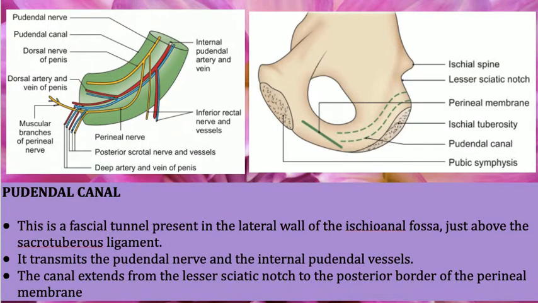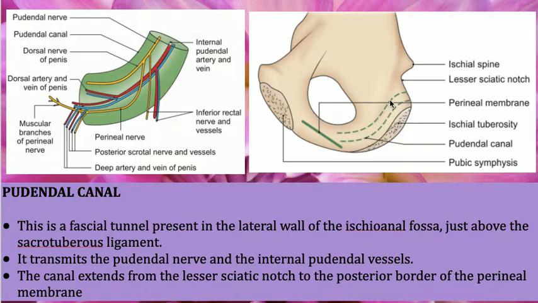Okay, so come to the pudendal canal, a very important topic. So what is it basically? It is a fascial tunnel. You can identify this bone. This is the pelvic surface of the bony pelvis. You can see it is found in the lateral wall of the ischioanal fossa, just above the sacrotuberous ligament, transmitting the pudendal nerve and the internal pudendal vessels.